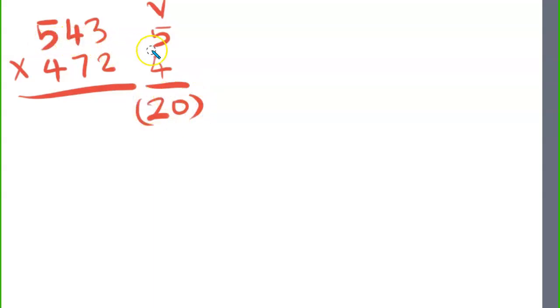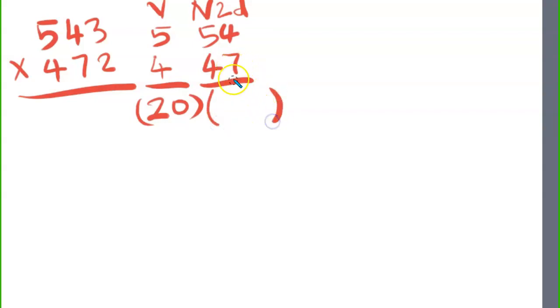Now we take the first 2 digits of 543, which is 54, and the 2 digits of 47, and we cross multiply, which means that the result will be 5 times 7 plus 4 times 4.